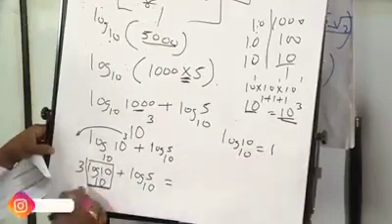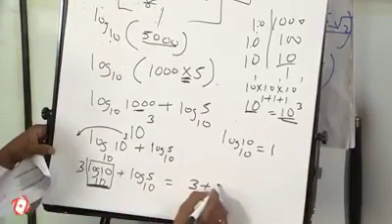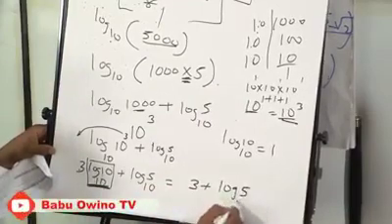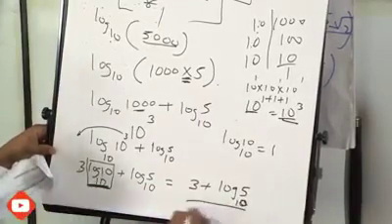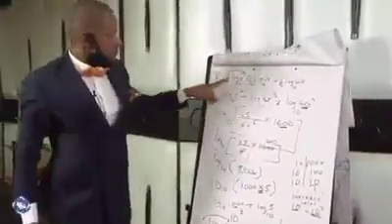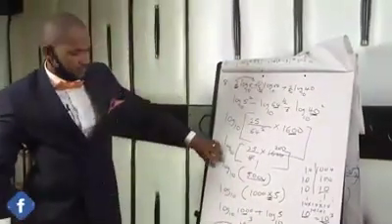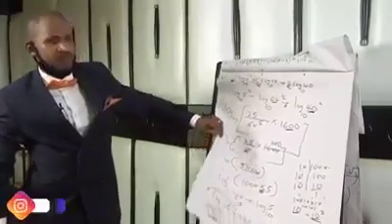Therefore, you replace log 10 to base 10 with 1. 3 times 1 is 3, plus log 5 to base 10. That is the simplified form of this equation. So you see the way it was long, and we can just get it as this value: 3 plus log 5 to base 10.